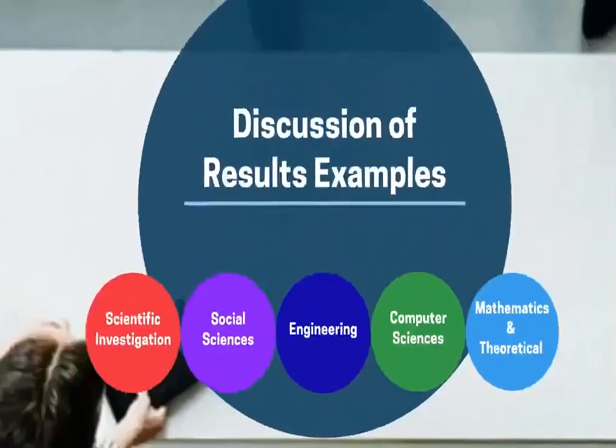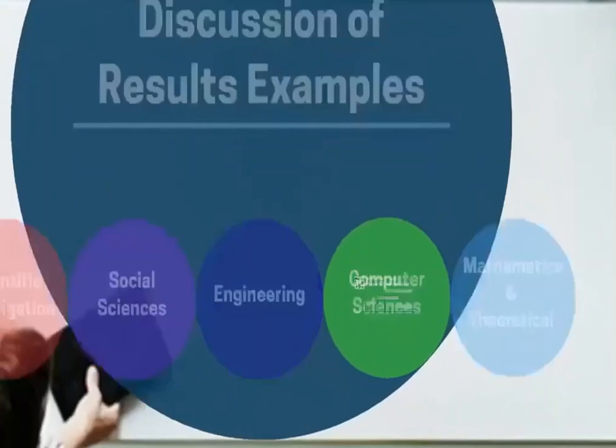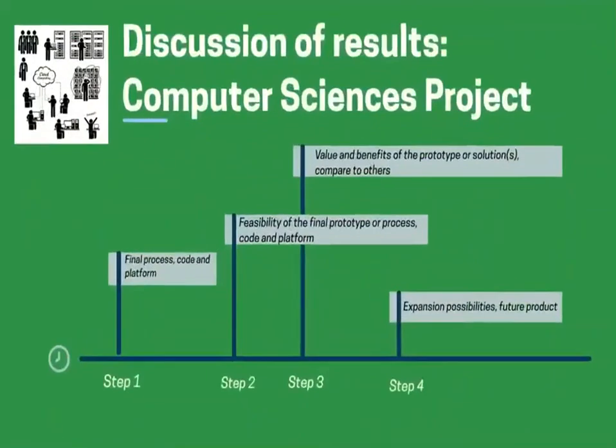For computer science type projects, in addition to the general content discussion, include the following. First, does the final process, code, and platform align with the goals? Second, discuss the feasibility of the final prototype or process, code, and platform in terms of costs, for example, financial, time, scale, and labor.